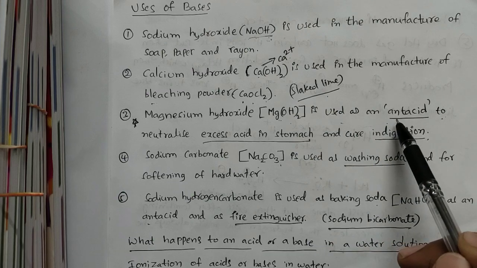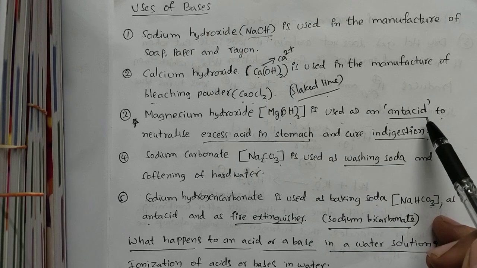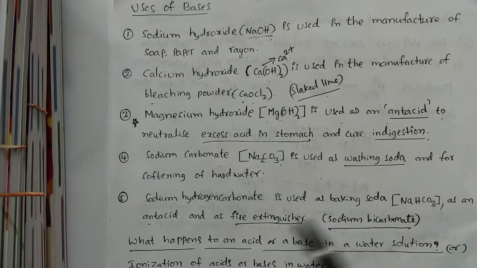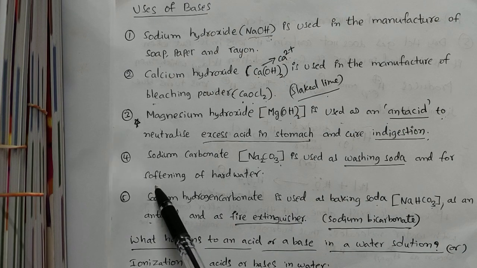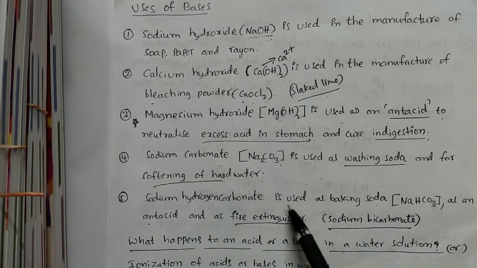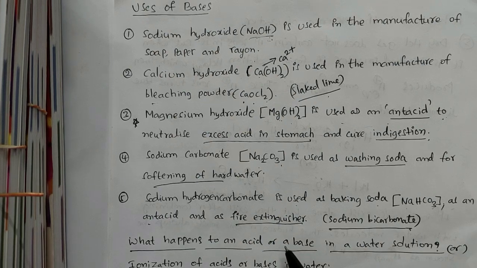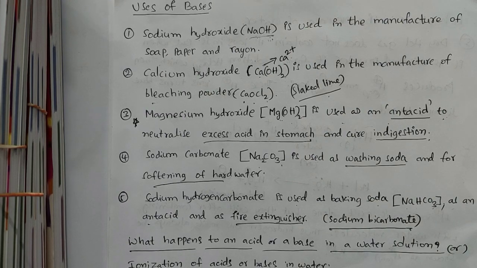It is used to neutralize the excess acid produced in our stomach, hence it is called an antacid, and it is used to cure indigestion. Sodium carbonate, Na2CO3, is used as washing soda and also for the softening of hard water. Sodium hydrogen carbonate or sodium bicarbonate, NaHCO3, is used as baking soda, an antacid, and a fire extinguisher. These are the important uses of bases.